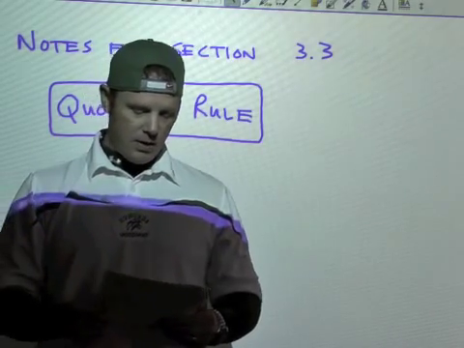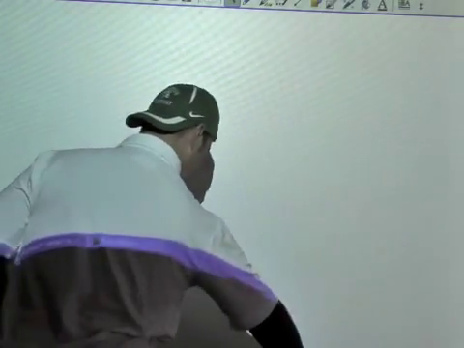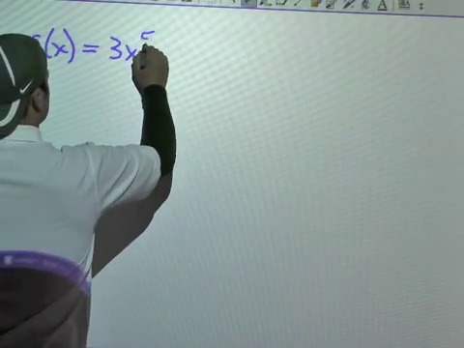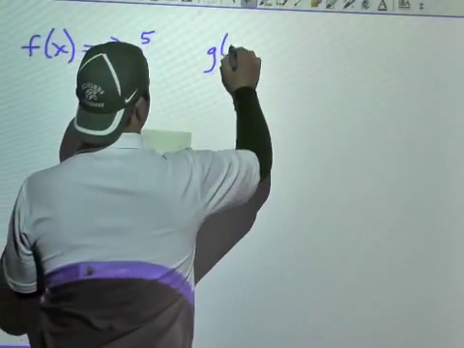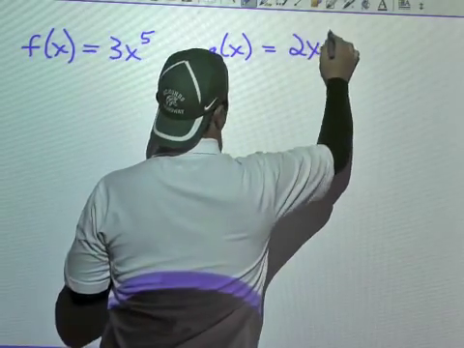All right, so here's the deal for today. I'm going to go through a similar example to the one I did last class. Here's a function f of x, 3x to the fifth, and another function g of x, which we'll say is 2x cubed.